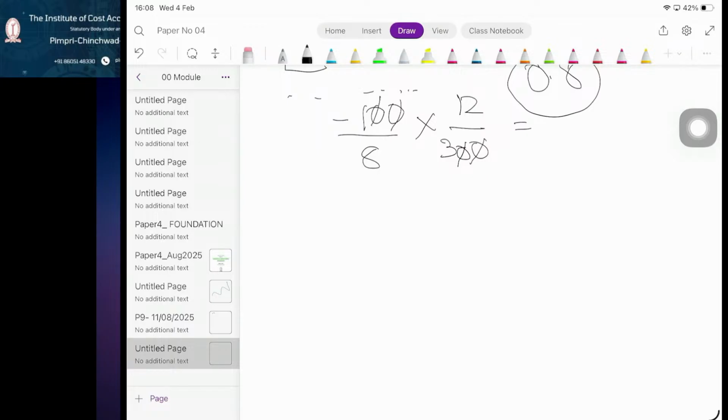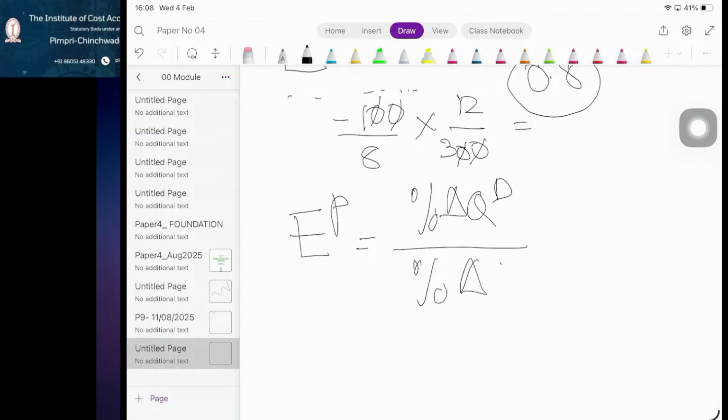Okay, solve it. When you get a problem like this, I would first just write the formula for price elasticity. What is it? Change in quantity demanded upon percentage change in price. Okay? Now fill in the information that you have got.